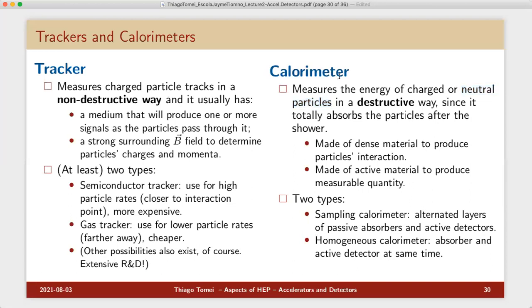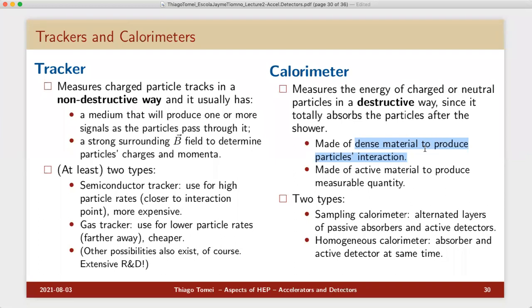So the key thing here is that it showers and it destroys the particle, totally absorbing it. So you need two things. You need dense material, because then the particles will interact a lot. Remember in those expressions that the density of the bulk material was there as an explicit factor.